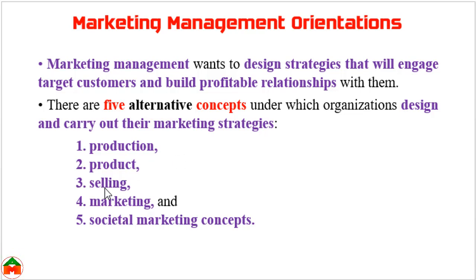The third is the selling concept. The fourth is the marketing concept. And the fifth is the societal marketing concept. These are the 5 alternative concepts by which a marketing manager can design the strategies for marketing management. In the next slide, we will learn the details about these concepts.